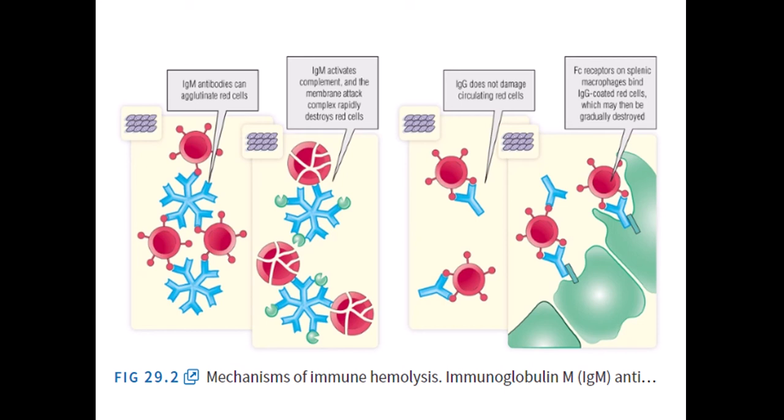If the mother, for example, is Rh negative, and she was pregnant with an Rh positive baby, the anti-Rh, the anti-D antibodies could cross the placenta and go into the baby and so on.